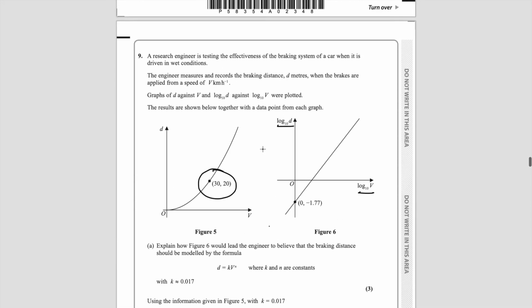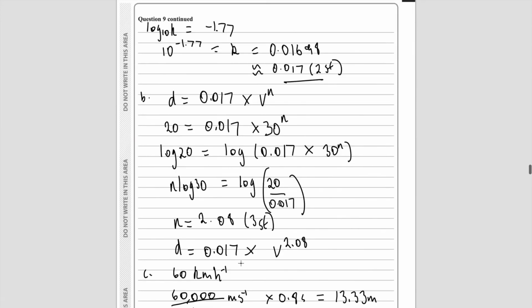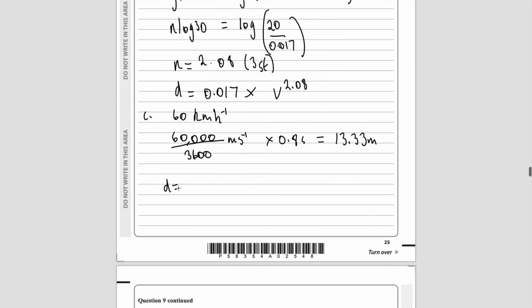And for this, what we really need to use is this formula that we've come up with here, where d is equal to 0.017 multiplied by, in this case, v, which will be 60 because we're told that v is in kilometers per hour, to the power of 2.08. And that there, if you put it into your calculator, should come up with a value of 84.92 meters.